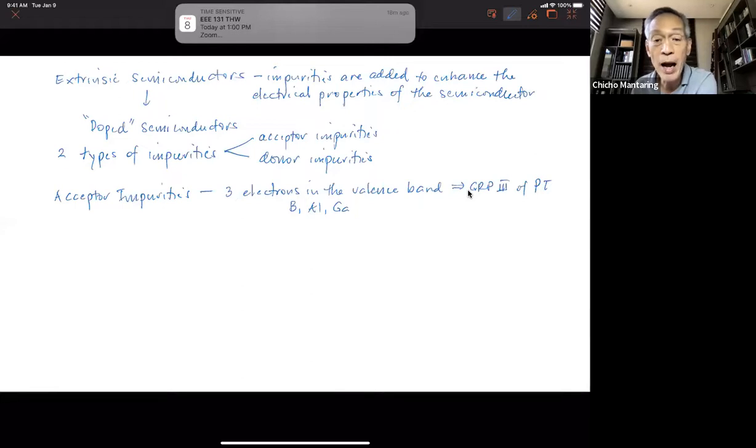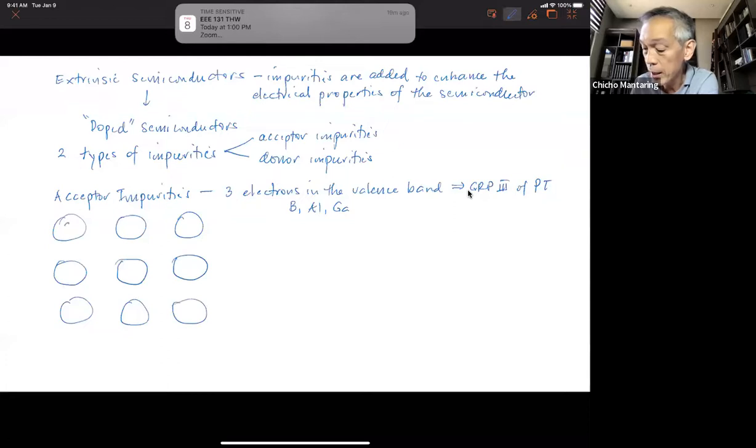Now, what will happen if you dope a semiconductor? The impurity atom will lodge itself in the crystal structure of the semiconductor. So, for example, dati-dati, I'll draw it again. This is your crystal structure.